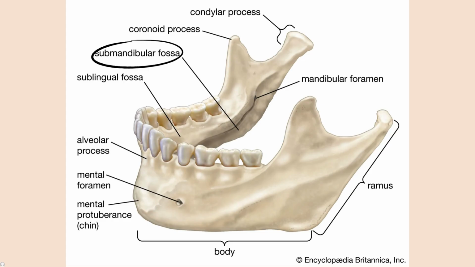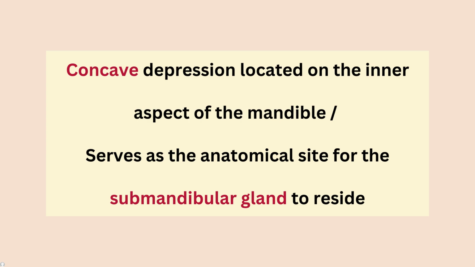Next is the submandibular fossa. The submandibular fossa is a concave depression located on the inner aspect of the mandible, as you saw. It serves as the anatomical site where the submandibular gland resides.